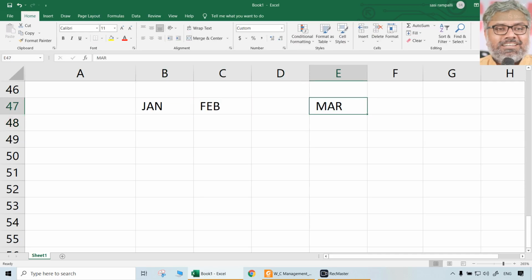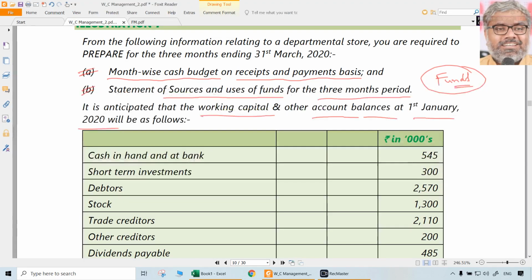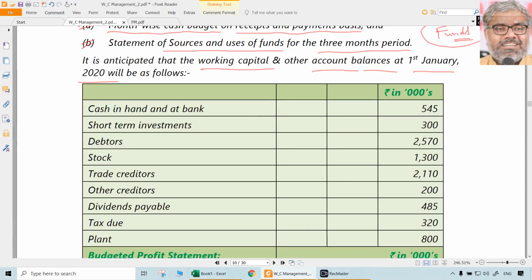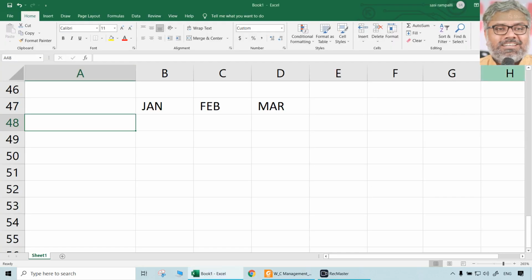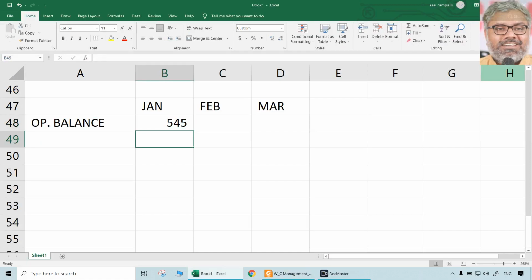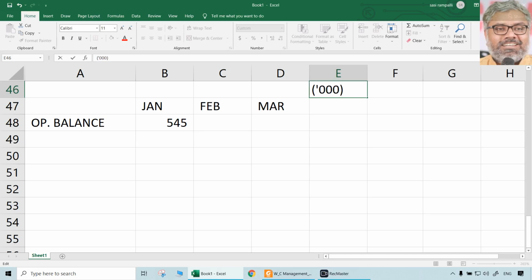These are the 3 months for which the month-wise cash budget was asked. Cash in hand and cash at bank was given originally at the beginning of January, that is on 1st January 2020, as 545. So let us take it as the opening balance, 545, all rupees in thousands. You need to clearly mention that on the top right hand side while you write it, all rupees in 1000.